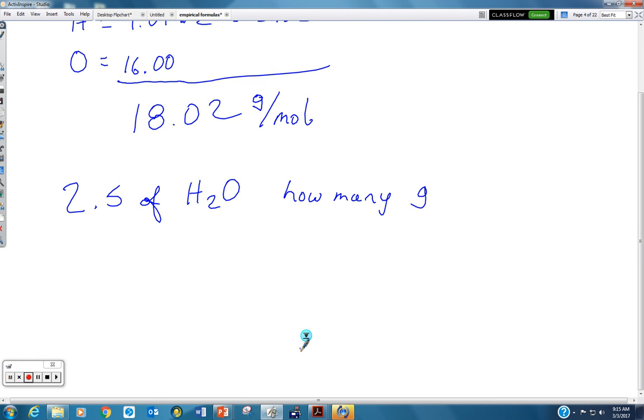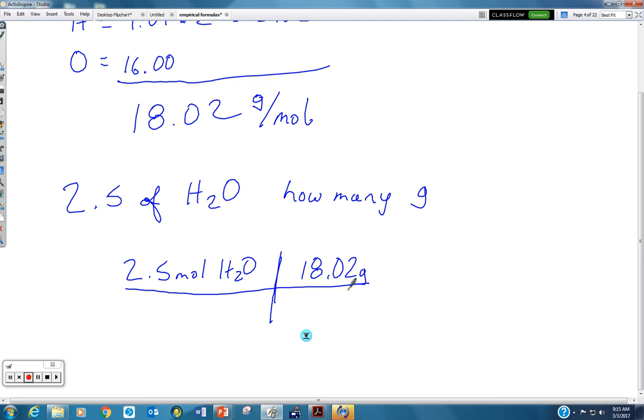What do I multiply by 2.5? That's a gram per mole. So if I have 2.5 moles of H2O and I want to know grams, what I'm saying is that I have 18.02 grams per 1 mole. So this should be right around 40, 38, something like that.